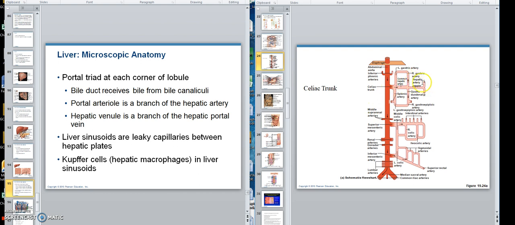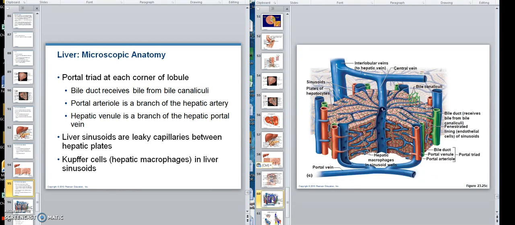That hepatic artery would have gone up into the liver and then branch out in the liver into these arterioles. So this gives the oxygen and the nutrients. These others are veins for other reasons.